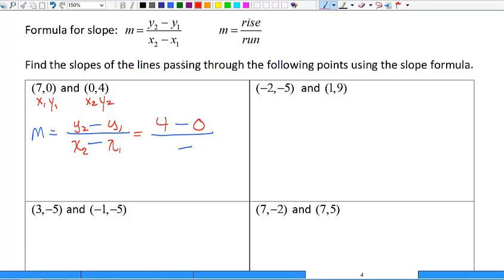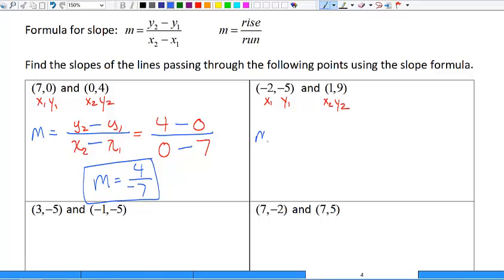Then I have x2, which is 0, minus because there's a minus in the formula, x1, which is 7. When I simplify here, I'm getting a 4 minus 0, which is 4. 0 minus 7 is negative 7, so my slope is negative 4/7, which tells me already that it should be going downhill.